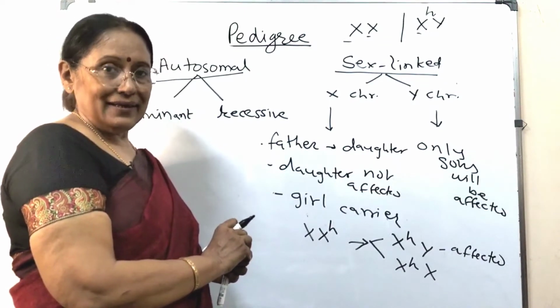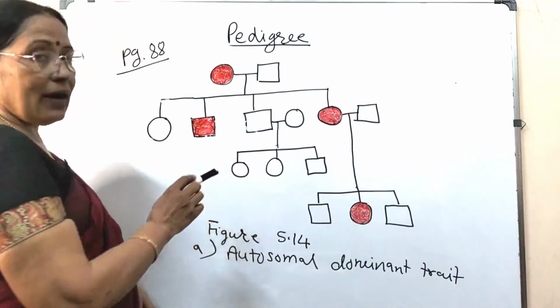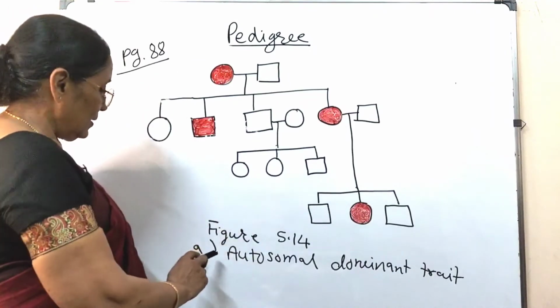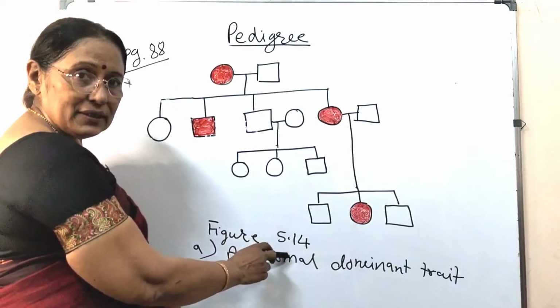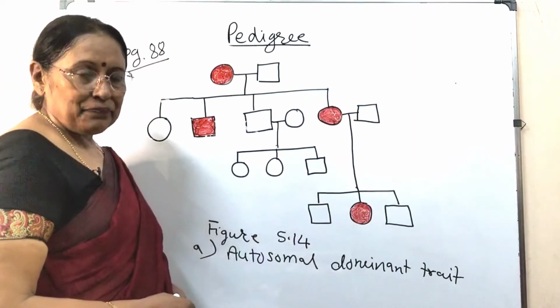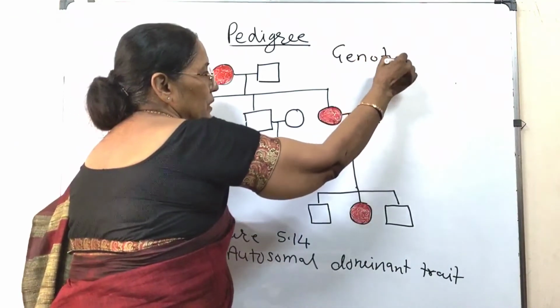How to do that? Let us see. Now see this diagram. This diagram I have taken from NCERT, page number 88, figure number 5.14 of autosomal dominant trait. I am going to show you how to write the genotypes.